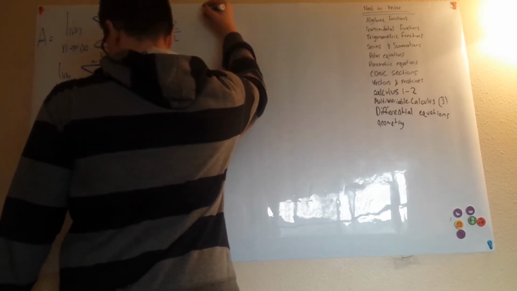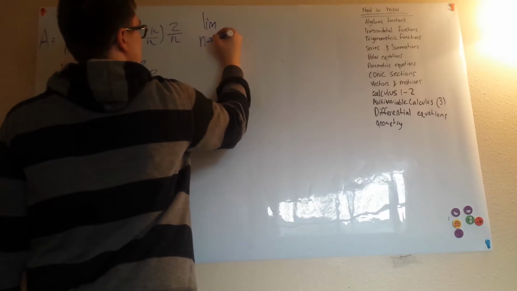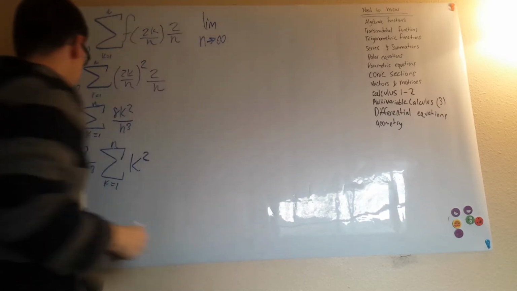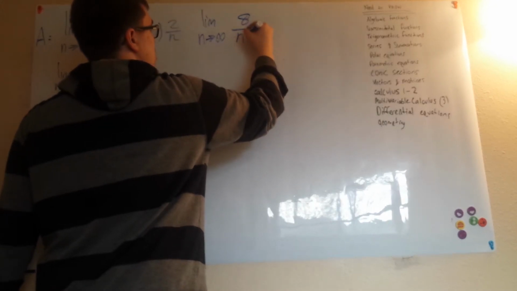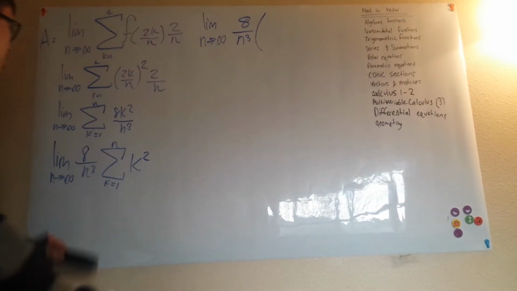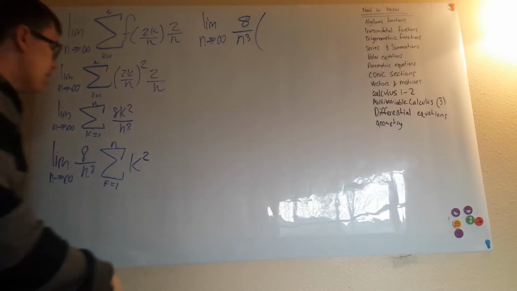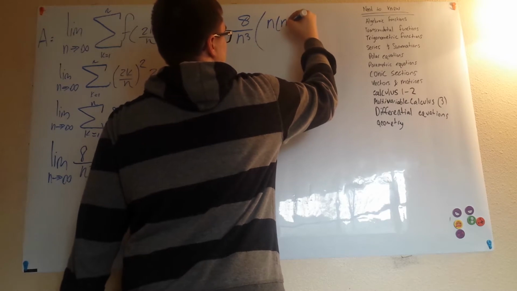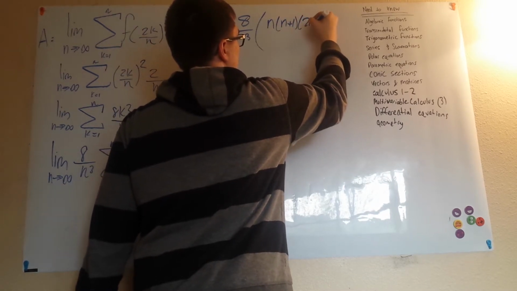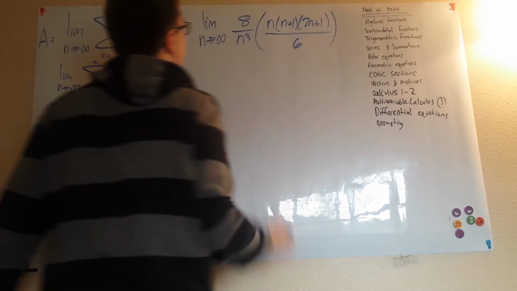This is the limit as n approaches infinity. Well, we know this is still there, this 8 over n to the third. Now this is multiplied by this entire summation, which we know the formula of, right? It's n times n plus 1 times 2n plus 1 over 6.